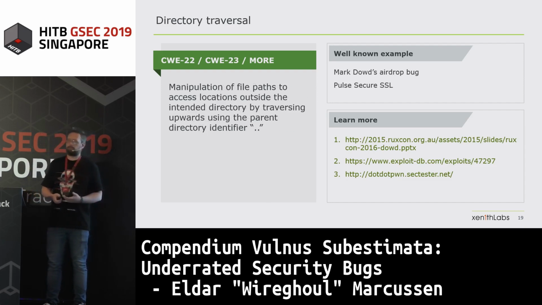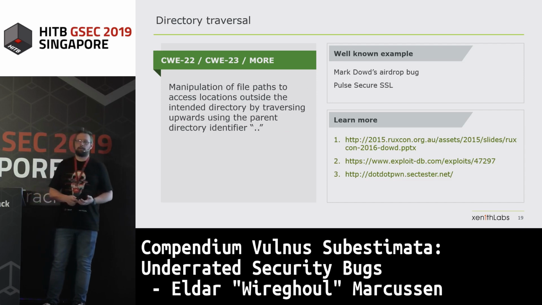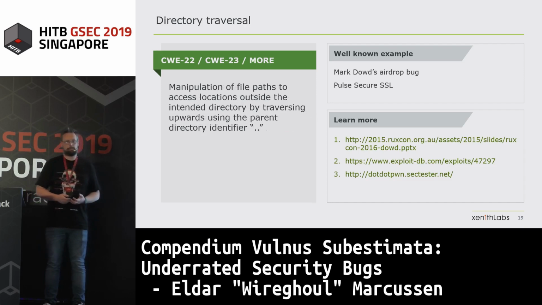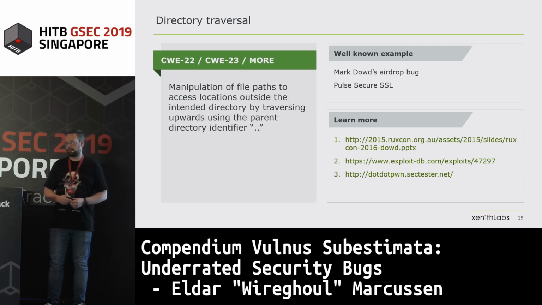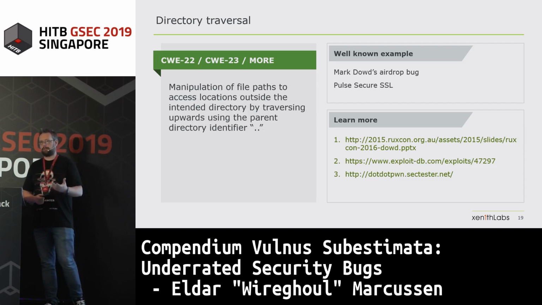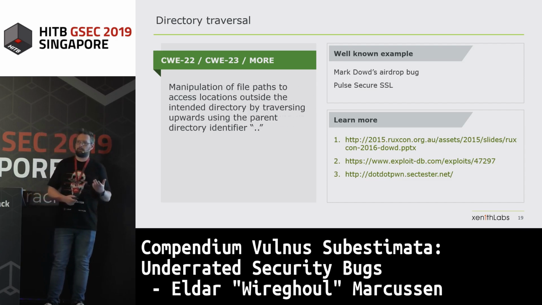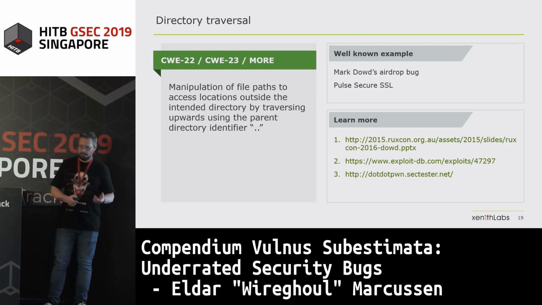But it's not just useful for things like reading a file or getting a file include. Sometimes you can manipulate the path to a binary or path to an upload directory or essentially customize it to the specific vulnerability. So Marcussen has an example where he had directory traversal as part of the overall attack that would let you install malicious apps or Trojan iPhone over AirDrop.